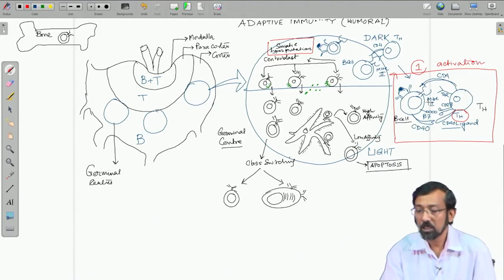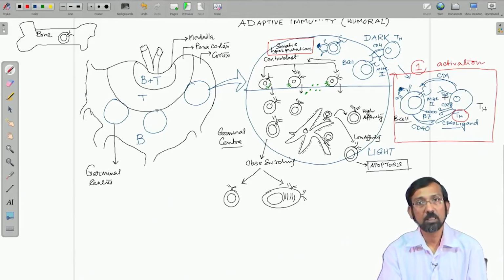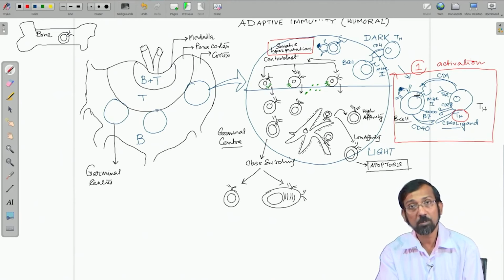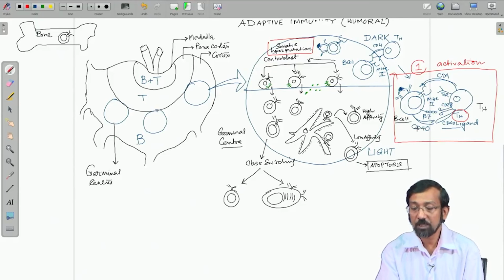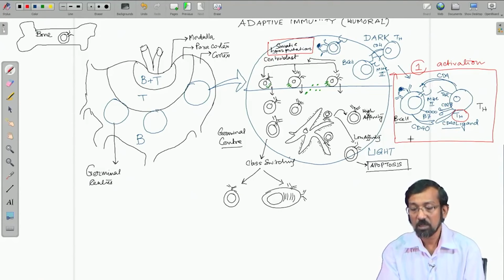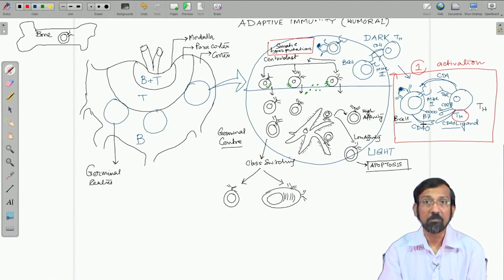So, you have the class 2 MHC interacting with the T cell receptor and the CD4 co-receptor on the CD4 plus cells. Along with that, you have the B7 to CD28 interaction, and the CD40 to CD40 ligand interaction. When these interactions are completed, the B cell is activated.